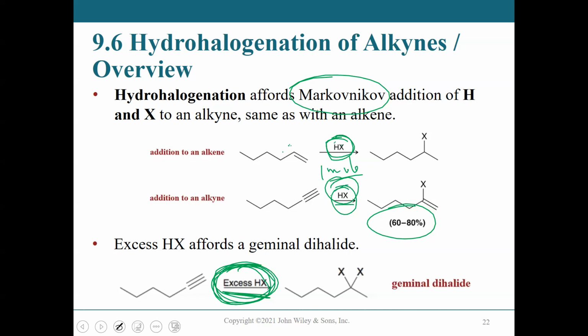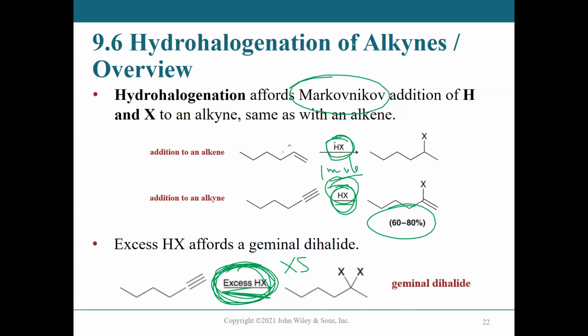If you see HX, that means it's a 1-to-1 ratio. To do excess, it has to be written excess. Sometimes I will abbreviate it, which phonetically is the same, like extra small, and then we will go all the way, right? The geminal dihalide, remember, is Markovnikov.